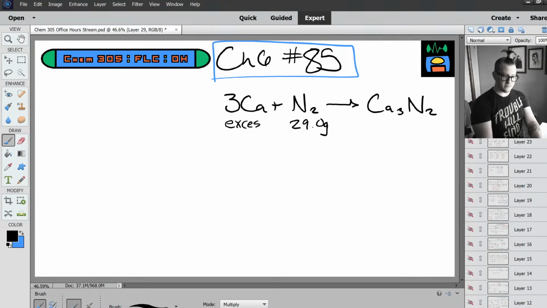So that means we have enough. And then they tell us, I'm going to quote it here, 125.5 grams of calcium nitride were produced.